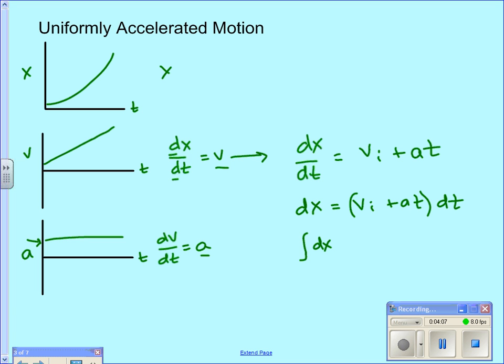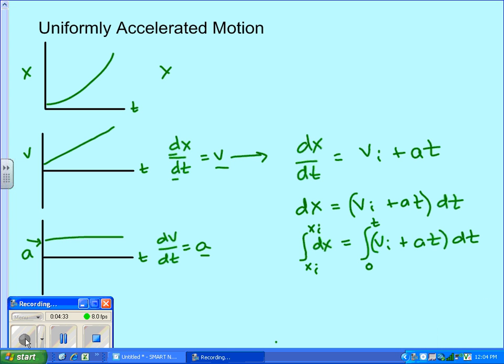I'm going to do it as one integral, but you probably realize this would distribute through, and you could do it as two. Our limits will be initial position xi to final position xf, and time equals 0 to some final time t.